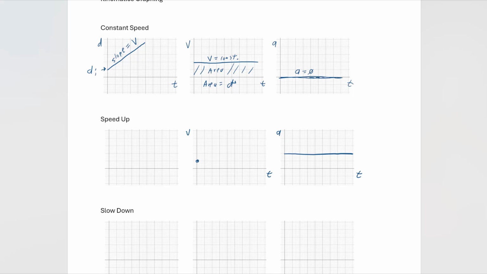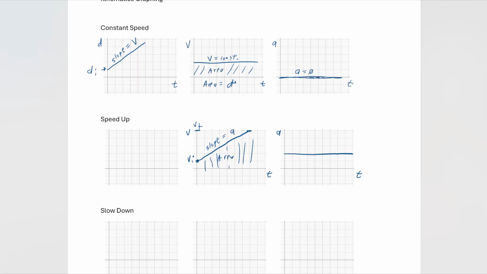But if it doesn't start from rest, if it starts from here, I might get this line where this slope equals the acceleration. This point would be the initial velocity, and this point over here would be the final velocity. And again, this area all the way down to the x-axis would be equal to the displacement.